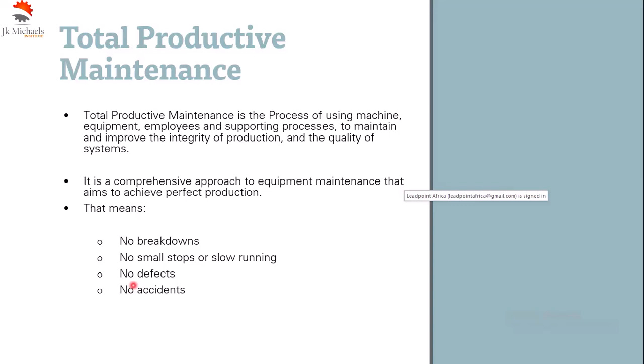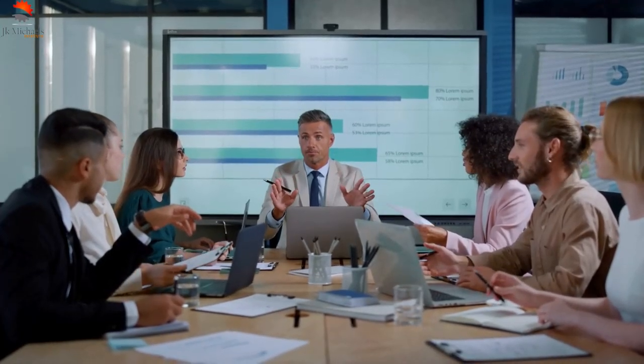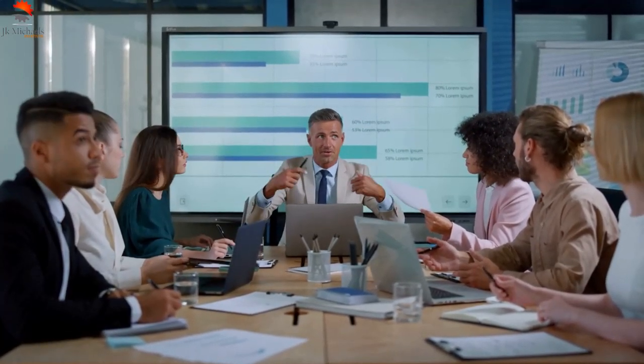So in other words, one of the ways we evaluate systems is that we evaluate the effectiveness of systems on three things: people, processes, and technology. In other words, what total productive maintenance aims to do is to ensure that we achieve perfect production, whatever that means, or at least as close to perfect production as possible.